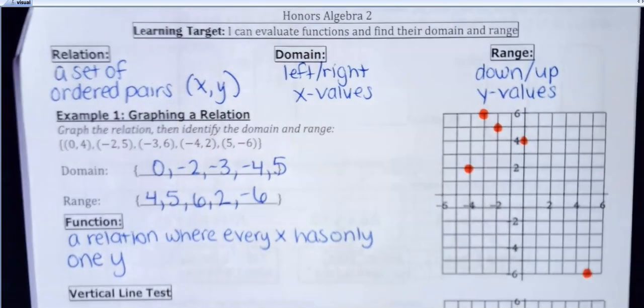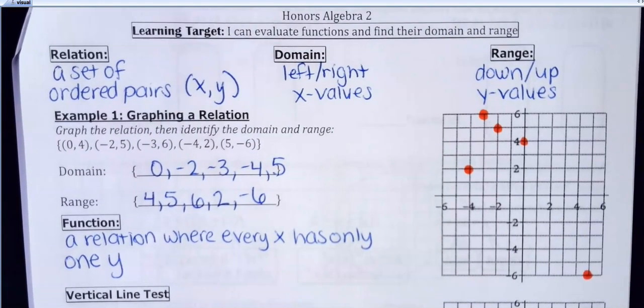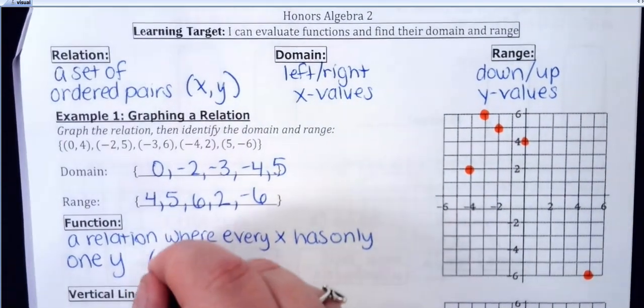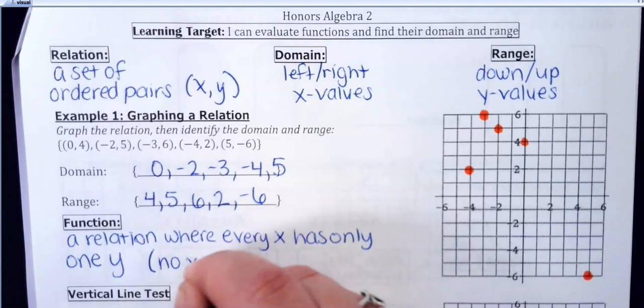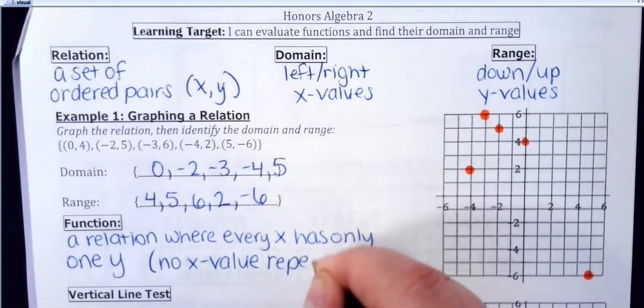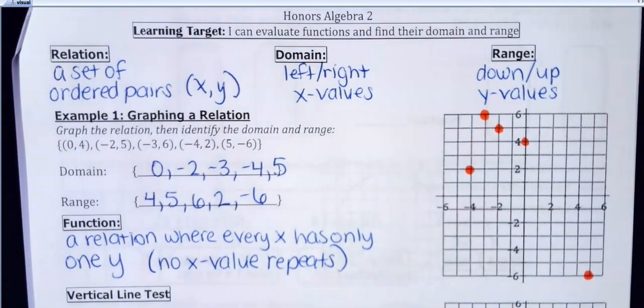I'm just going to say relation where every X has only one Y. The main thing I would write down to remember that is no X value repeats. You can't have an X coordinate with 2 different Y coordinates or 3 different Y coordinates. Each X has to only have one Y value that goes with it.